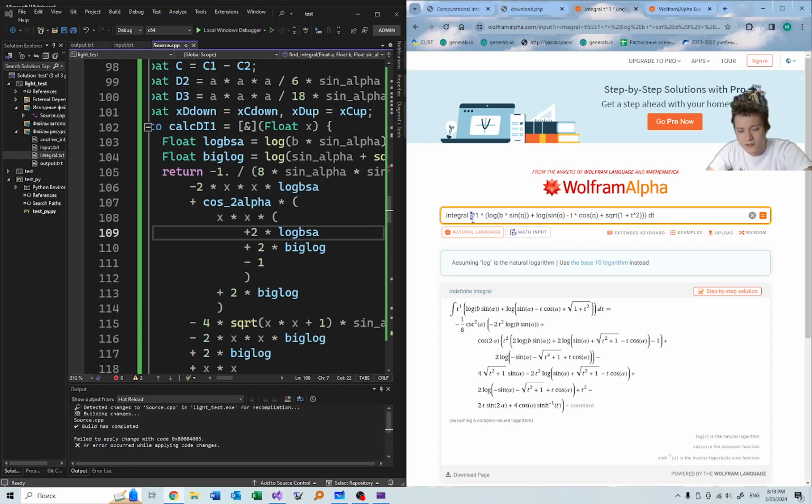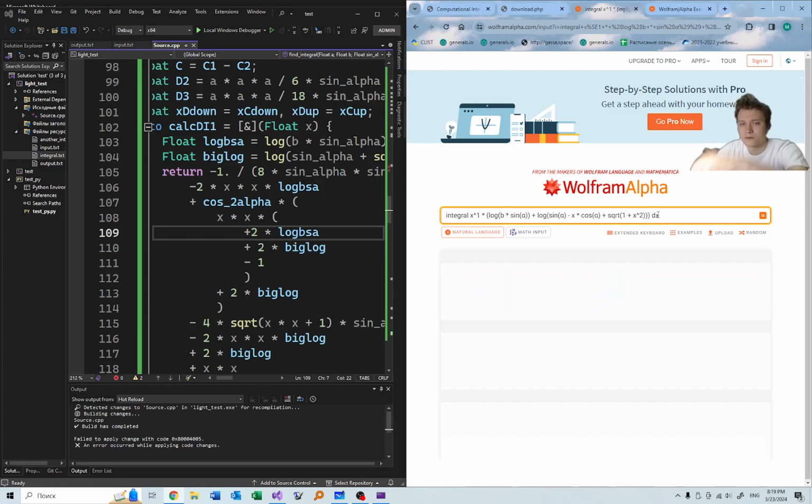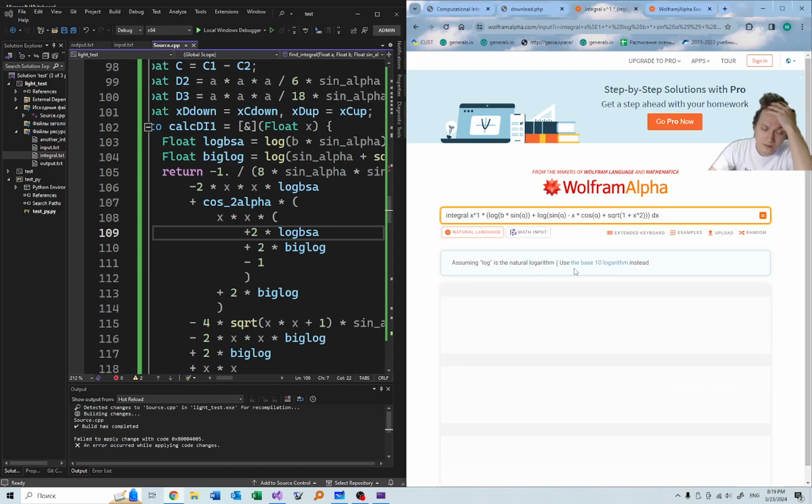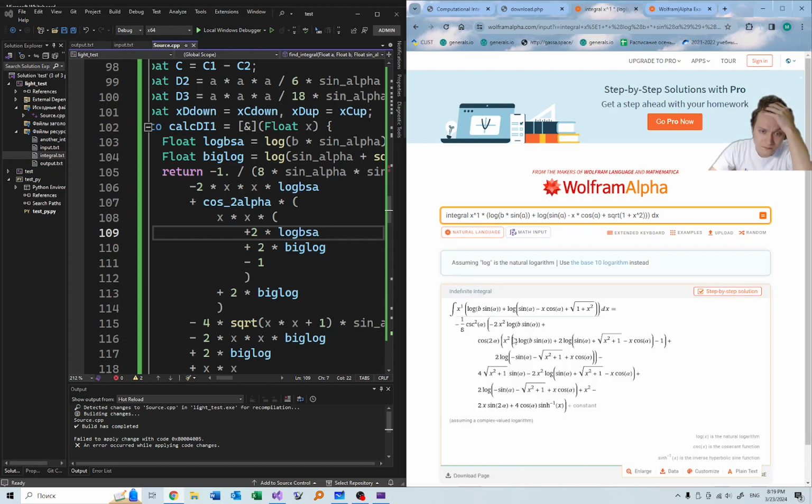Actually, let's replace with x. Two log BSA plus 2 big log minus 1 close plus 2 big log.